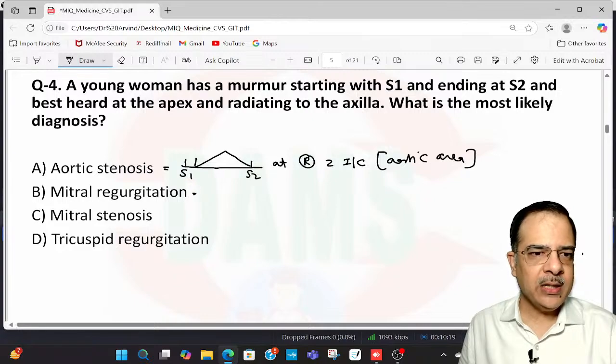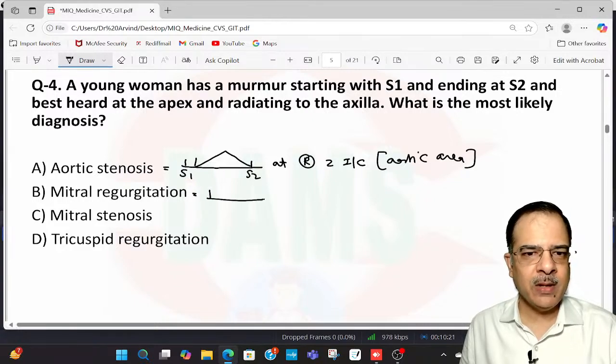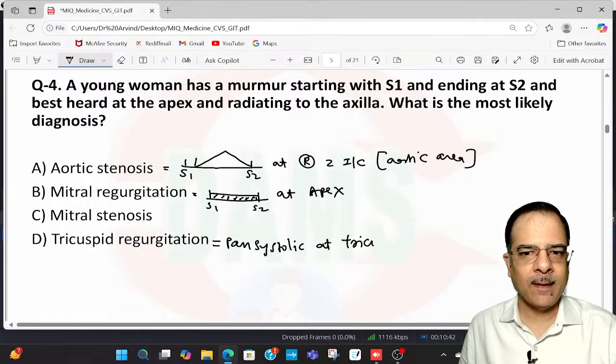While mitral regurgitation is the murmur which is typically a pansystolic murmur, starting from S1 and ending at S2, and that will be at the apex. See, tricuspid regurgitation is also pansystolic, but it will be at the tricuspid area.